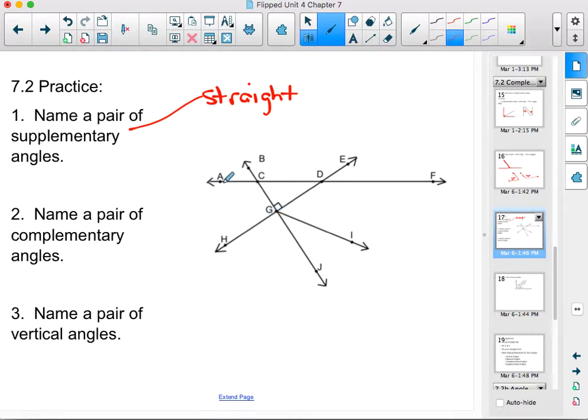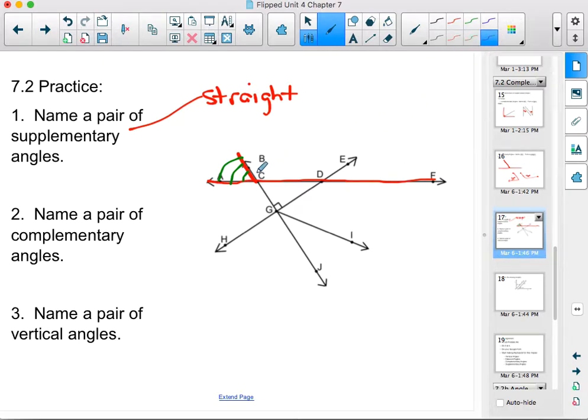So I'm going to give you an example. I'm going to ask you to come up with your own example here. Okay? So here's a straight angle for me. I'm going to trace the whole thing. And you see how we have a ray coming off of this straight angle? And now we have two smaller angles. We have this one right here, that's angle ACB.